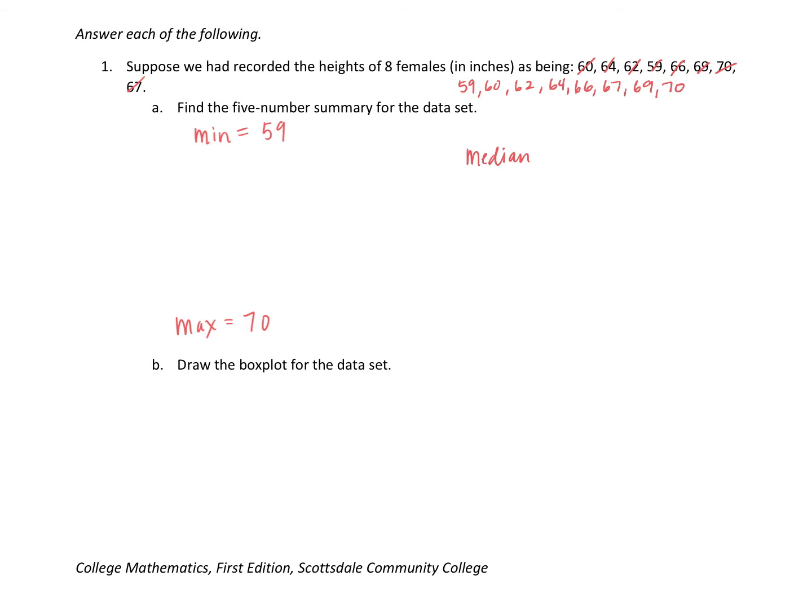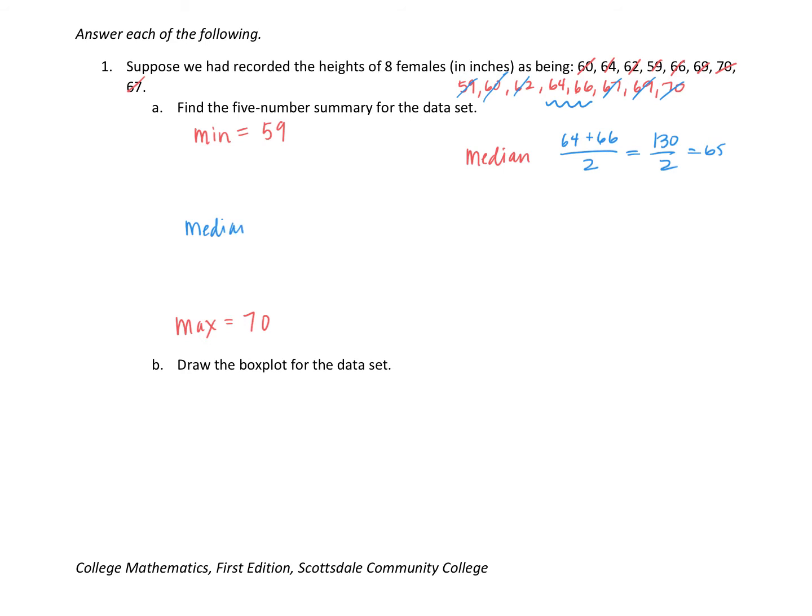So in this case, I can cross out the lowest and the highest, then the second lowest and the second highest, and I keep going until I get to the middle 2, which are 64 and 66. So since there are an even number, I'm going to add those together and divide by 2. So I'm going to average them out. So 64 plus 66 is 130, and 130 divided by 2 is 65. So the median is 65.